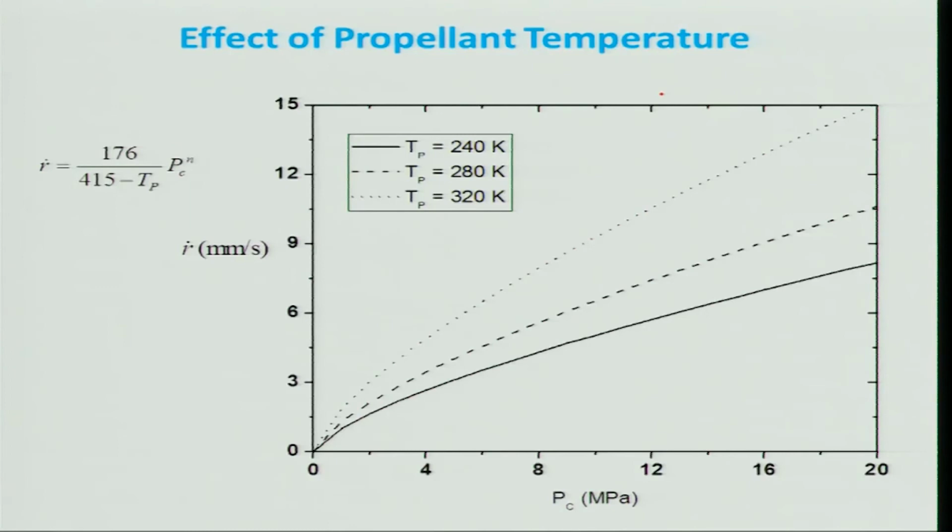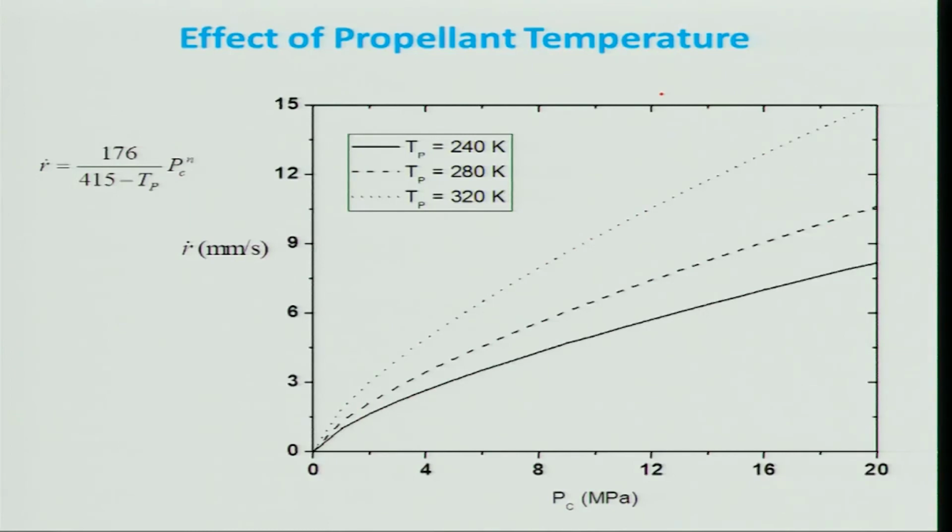People are now talking about nanoparticles, because nanotechnology is coming up. People are doing research to get a higher burning rate, and it is always important to enhance the regression rate while keeping the pressure index small. Why it is so, we will see in a moment.